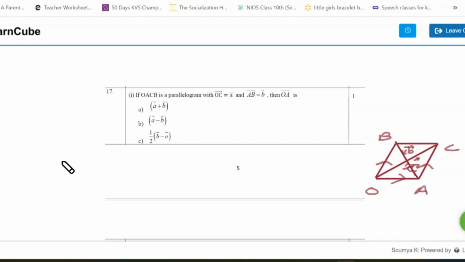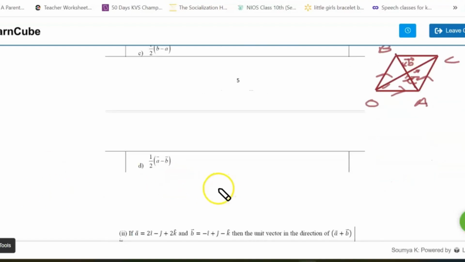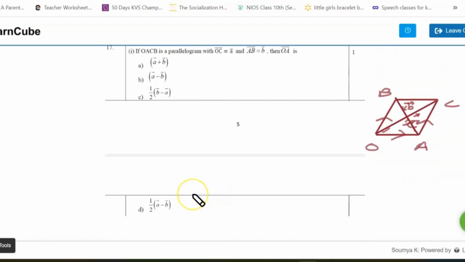Okay, so according to the parallelogram law of vectors, we can write OA plus AC is equal to OC, and OC is already given as A. Consider this equation as 1.